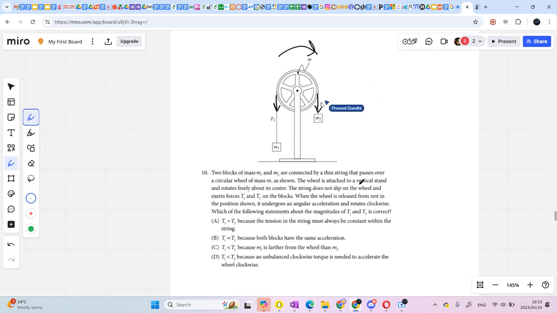So T2 has to be greater than T1 for it to accelerate in this direction, because you need an unbalanced force for that to happen, and we want it to rotate towards T2. So with that, we get choice B.